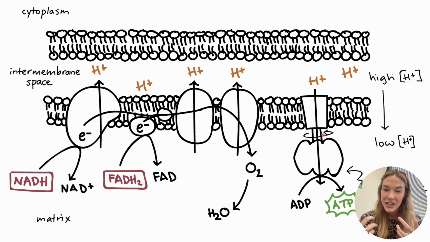And that mechanical energy can generate ATP from ADP. So we can use that mechanical energy to store energy in that bond between the third phosphate of ADP to ATP. That is really cool. So hopefully, if you remember for photosynthesis, this is a really, really similar process.